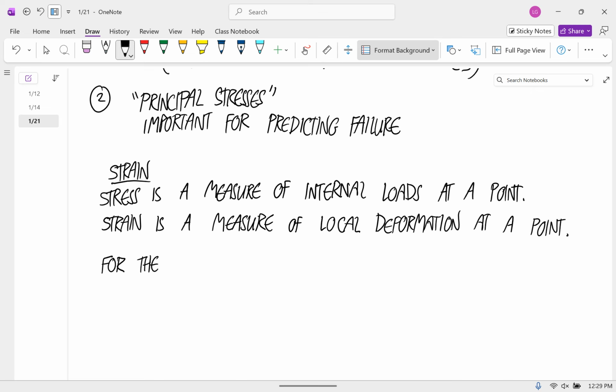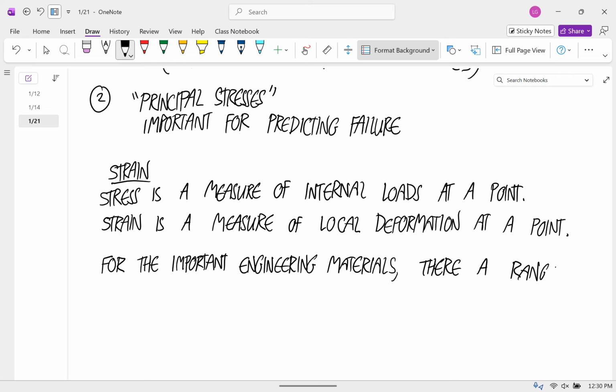For the most important engineering materials, there is a range of loads where the relationship between stresses and strains is linear.